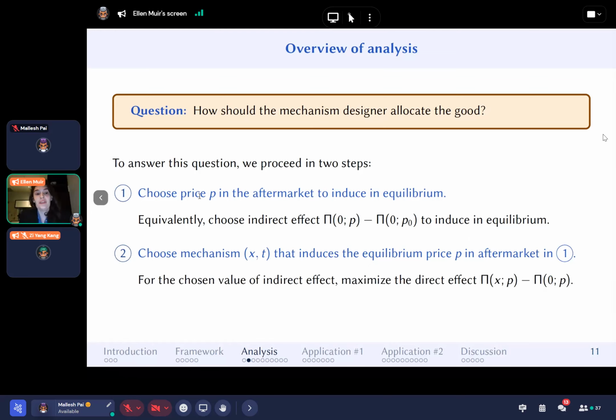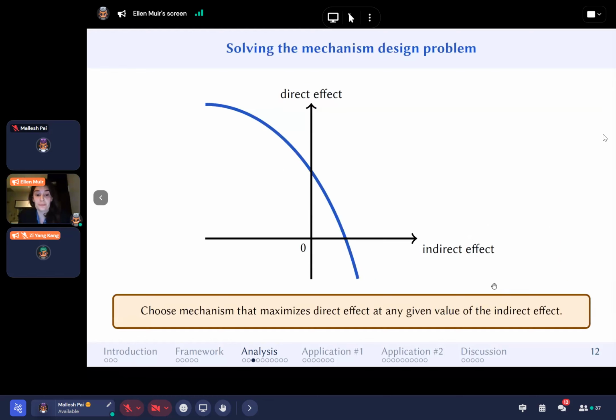So this is basically amounting to the chosen value of the indirect effect maximizing the value of the direct effect. So holding the price in the aftermarket fixed at P, we're going to maximize the first component, or the direct effect, which is what happens to the designer's objective as we move from the laissez-faire allocation, which is allocating nothing in the design market, to then moving to our chosen allocation X in the design market.